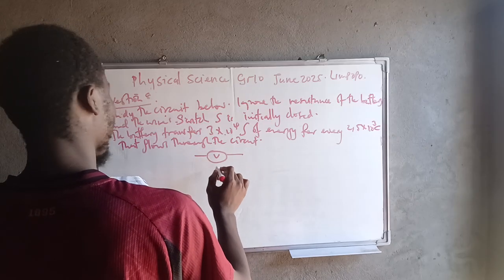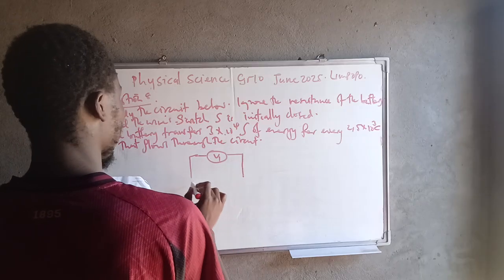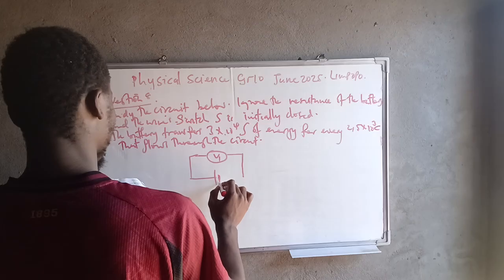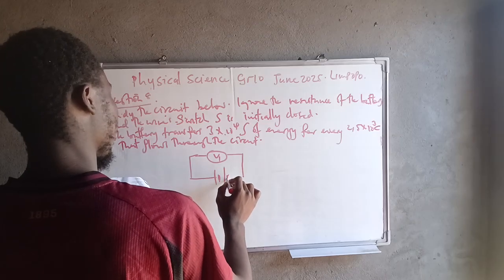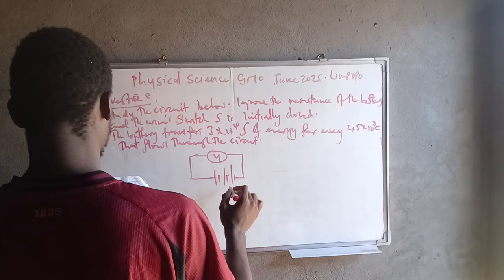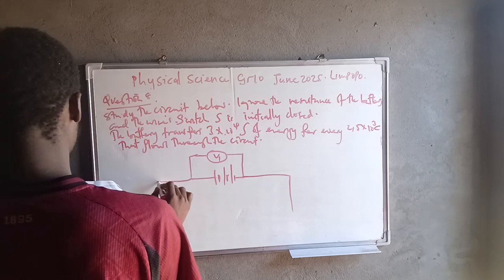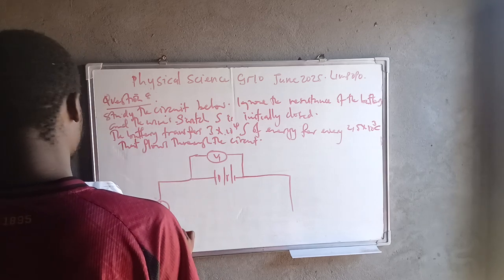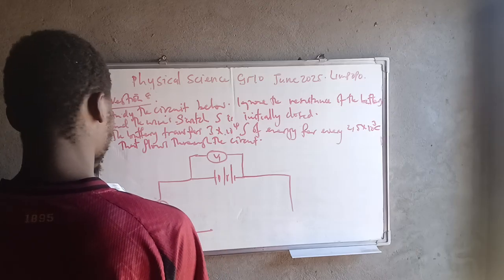So V1, it goes now, then from there it goes to A1.